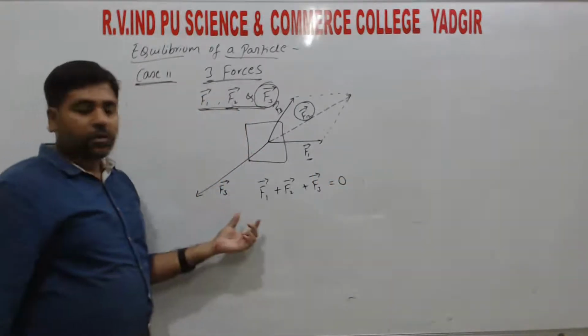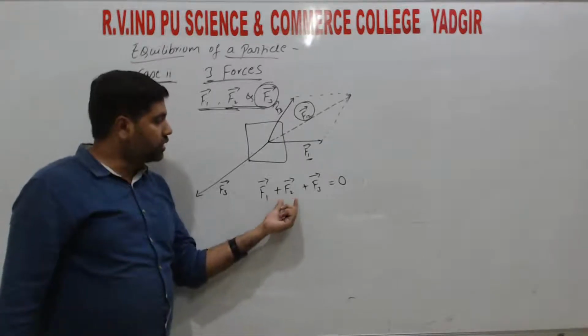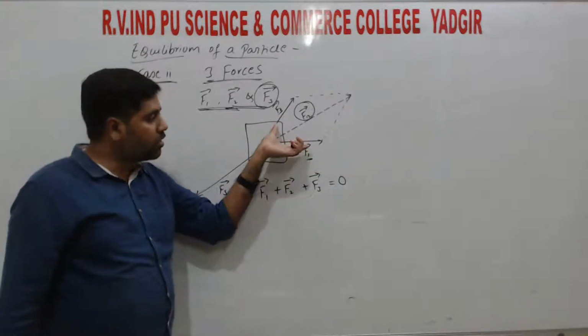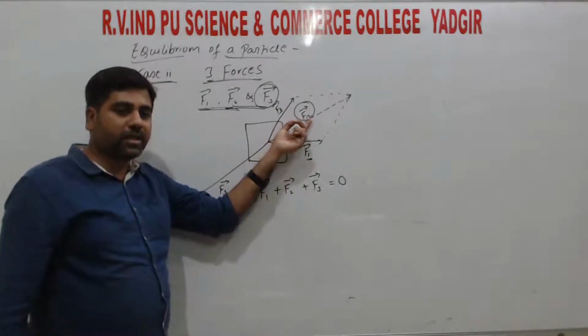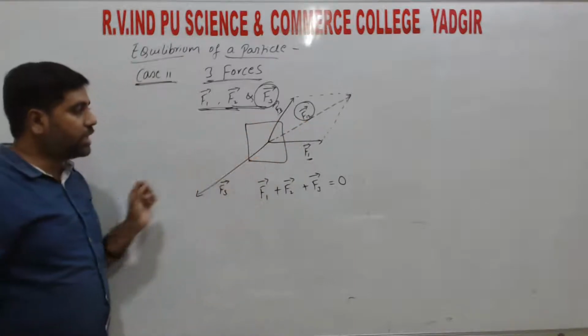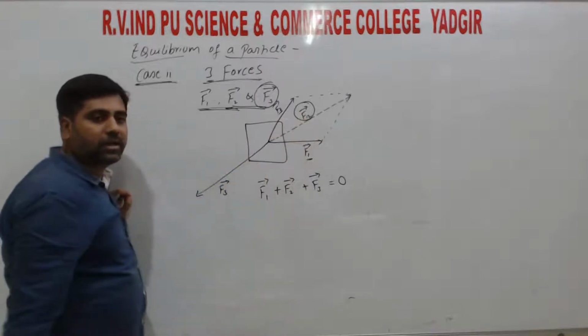So first we simplified the two vectors, addition of two vectors F1 and F2. We find the resultant by the method of parallelogram law of vector addition. We get the resultant. So the third force, we are acting on this object in such a way that the force is opposite to that of the resultant, right?